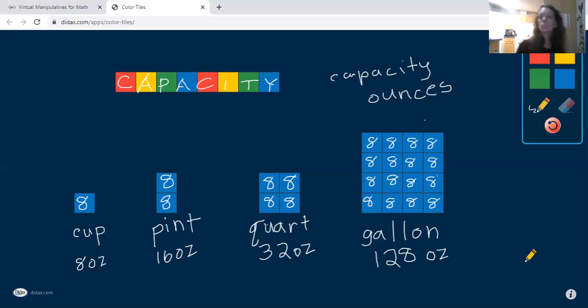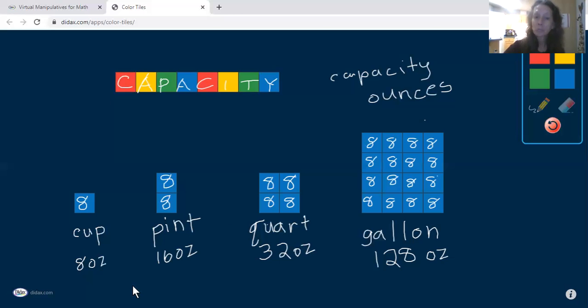So we'll have to just look at it. This is capacity, and you can see that there's cups, pints, quarts, and gallons. The biggest is going to be a gallon, and the smallest is a cup. I probably won't be able to pull this up again. We're probably going to lose it after we get done with it here.